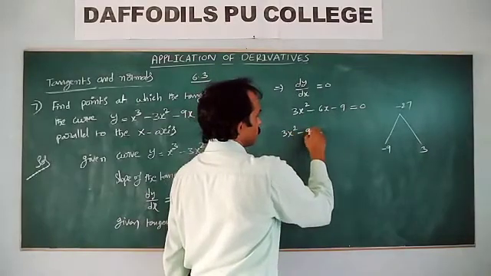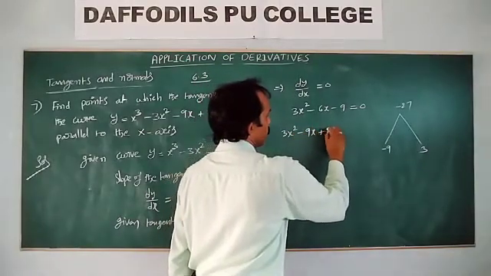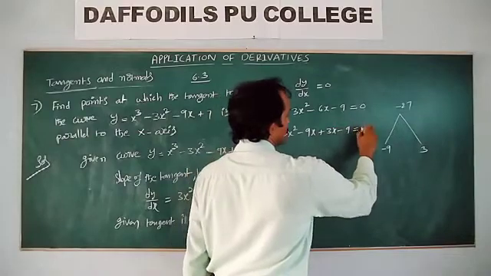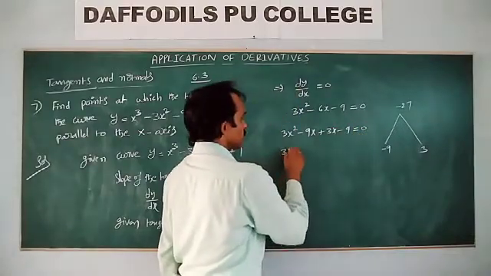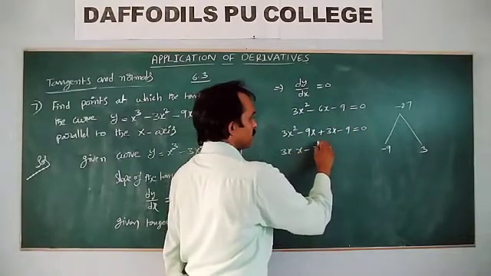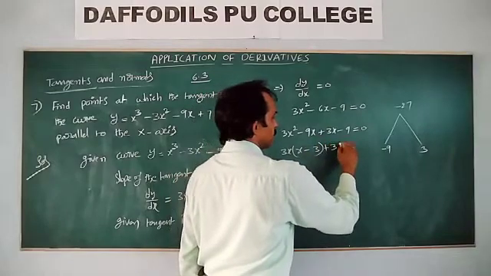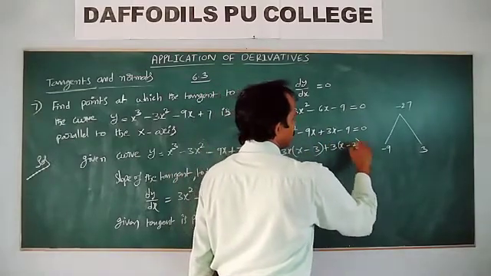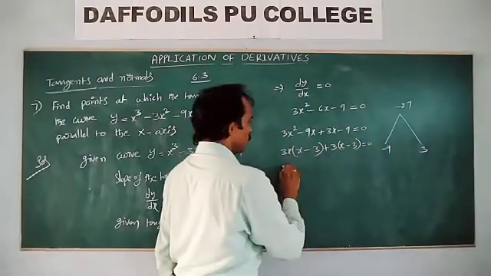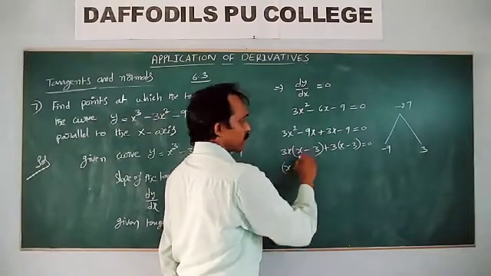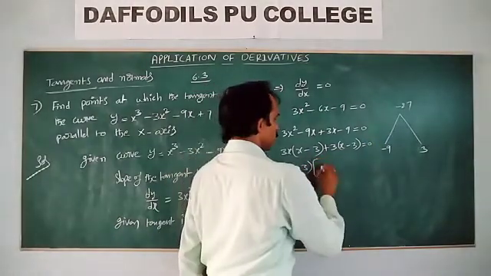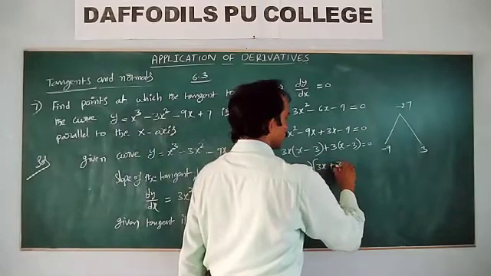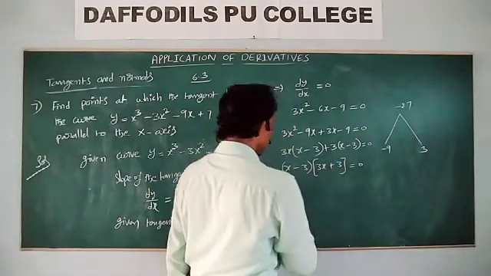3x square minus 9x plus 3x minus 9 is equal to 0. 3x common, x minus 3, plus 3 common, x minus 3 is equal to 0. X minus 3 is the common term for both terms. Therefore, 3x plus 3 is equal to 0.